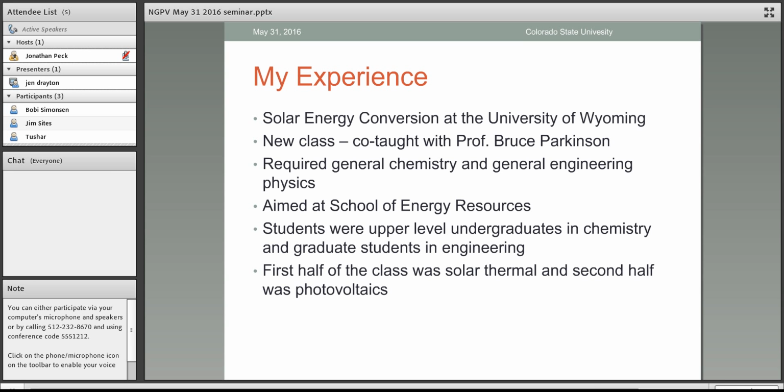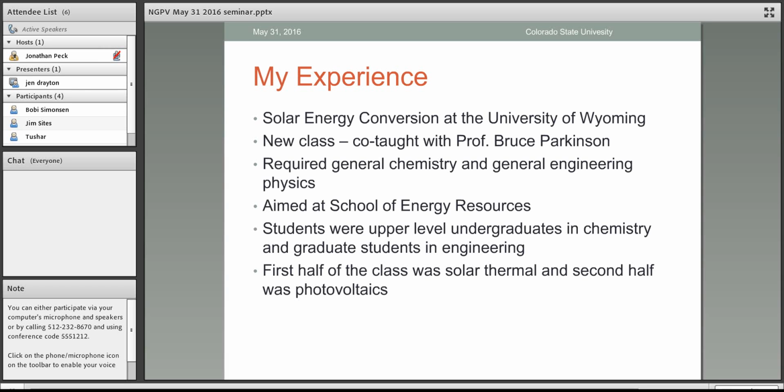We made the class so that it required general chemistry and general engineering physics because we wanted the students to understand a little bit about the materials we were talking about, but also about how electric circuits work. The students were upper level undergrads in chemistry and graduates in engineering, which weren't the students that we originally focused the class for.